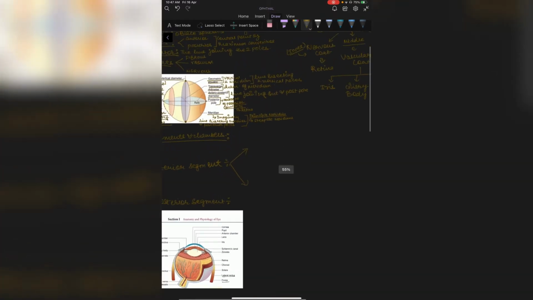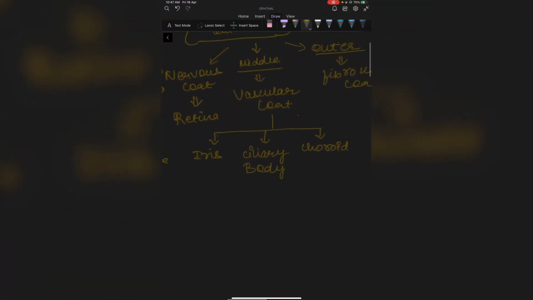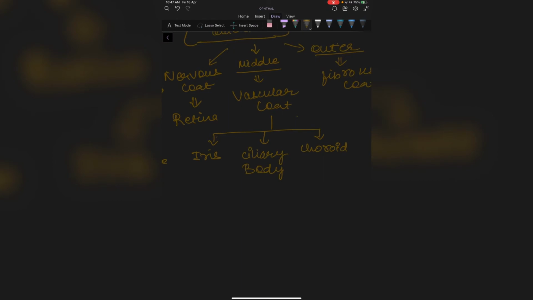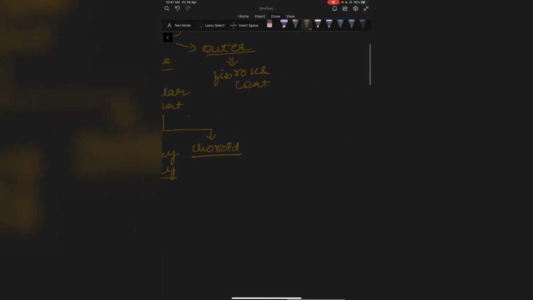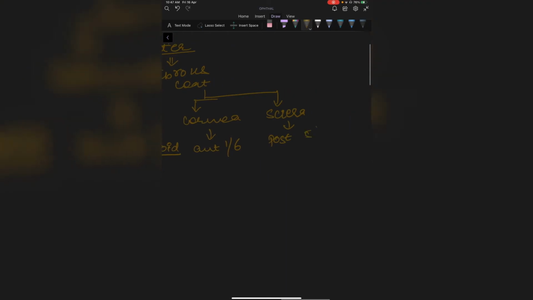Iris and ciliary body will be anterior, and the choroid is the posterior vascular pigmented layer. The fibrous coat is divided anteriorly into the cornea, the anterior one-sixth part, and the posterior five-sixth part, the sclera.